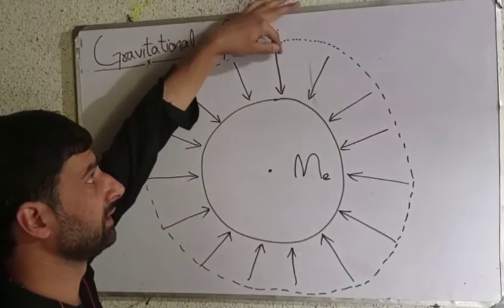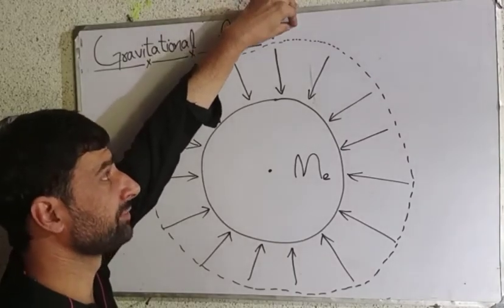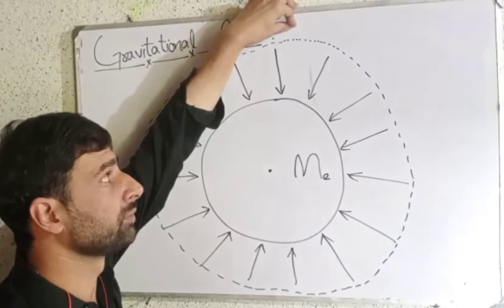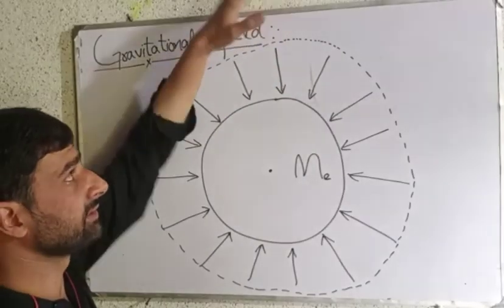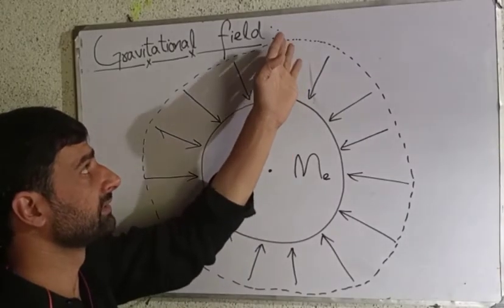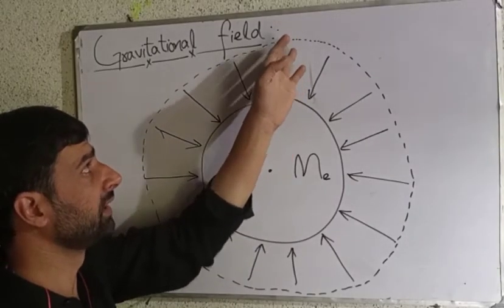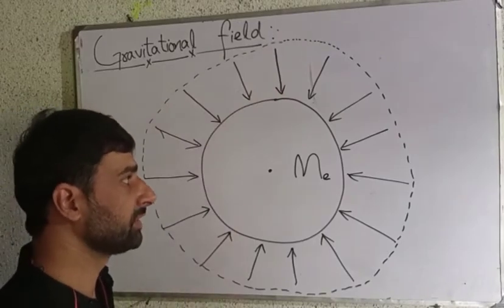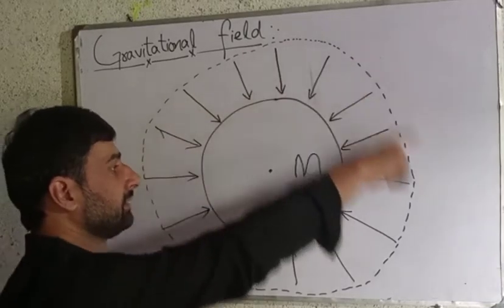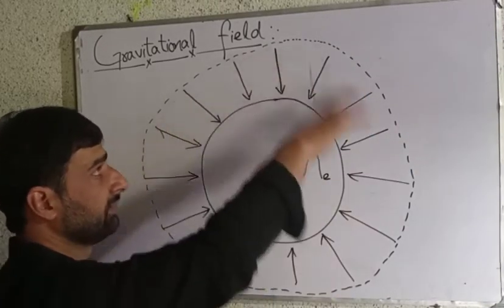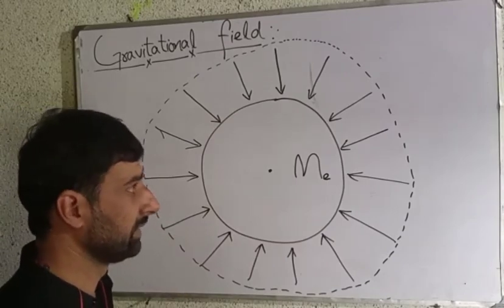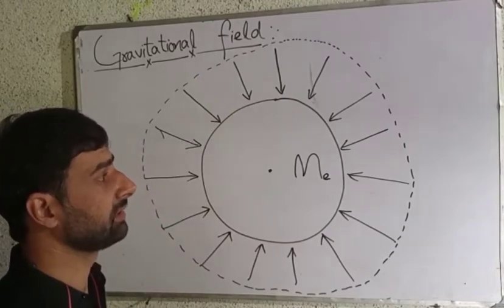If it goes outside, Earth will not be able to pull it, because with increase in distance the pull of Earth becomes weak, and with further increase in distance there comes a point where its attraction becomes zero. So this is the specific region around Earth, which we have shown by arrows, in which Earth can pull the object.